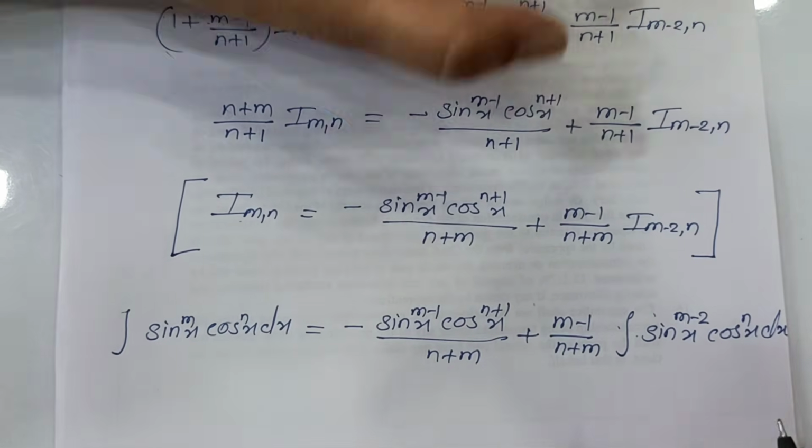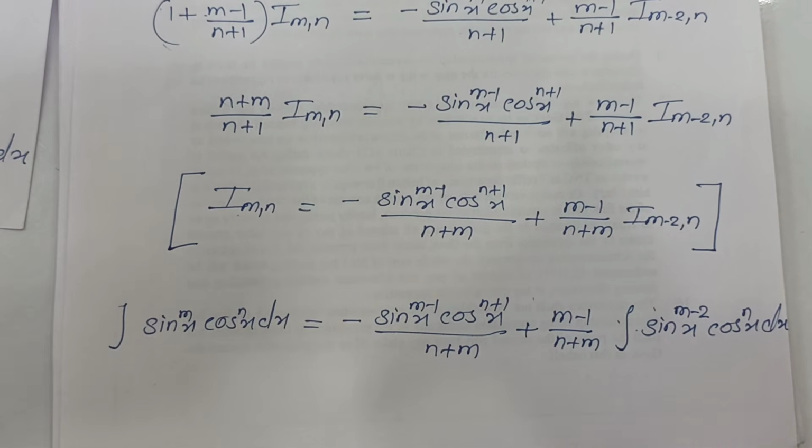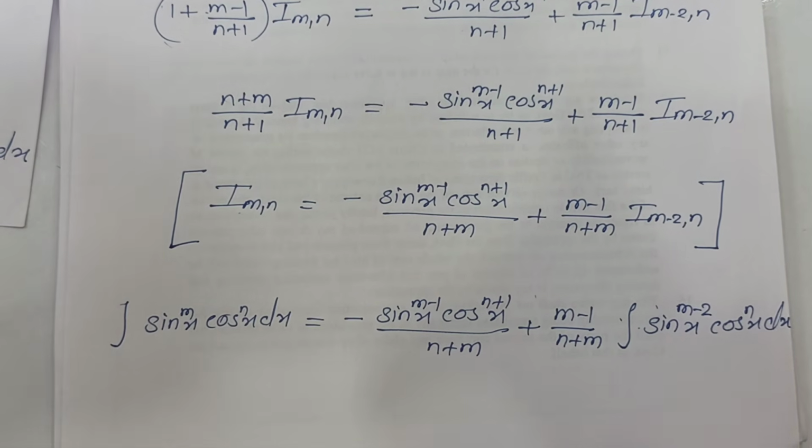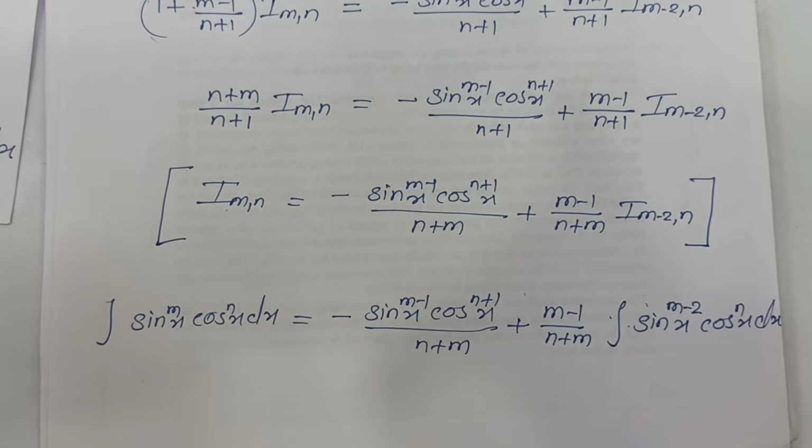So this is basically the reduction formula 7. That is the formula based on sin raised to m and cos raised to n. So this is the end of the proof of reduction formula 7.